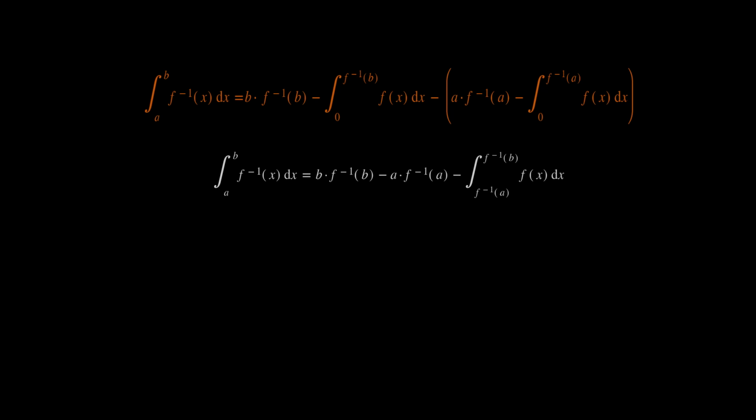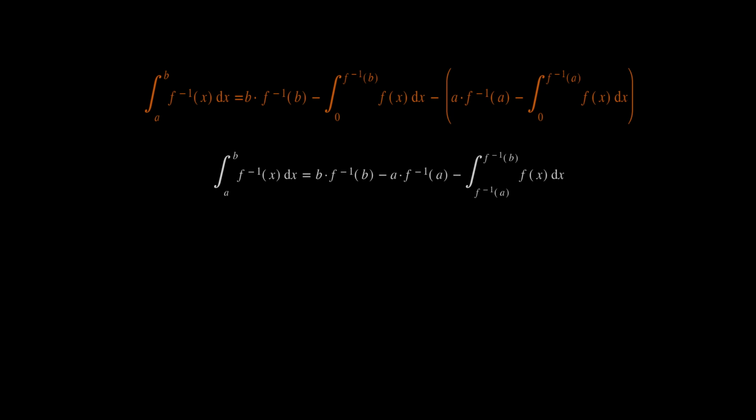And so our formula for the indefinite integral is what we get by trying to find the thing which, when we evaluate it at two different inputs b and a and subtract them from each other, gives us our formula for the definite integral. Well, what is this thing?